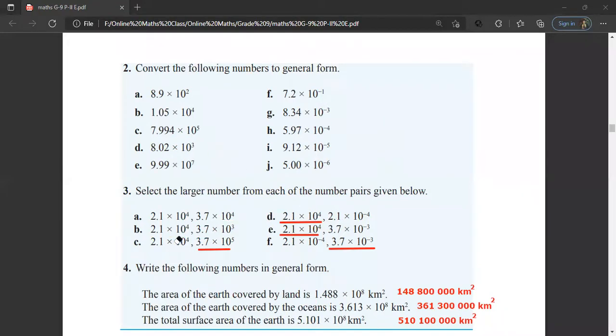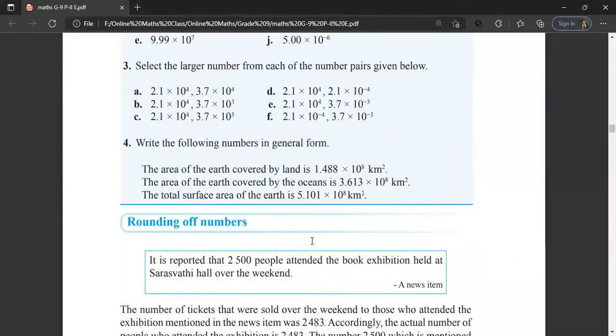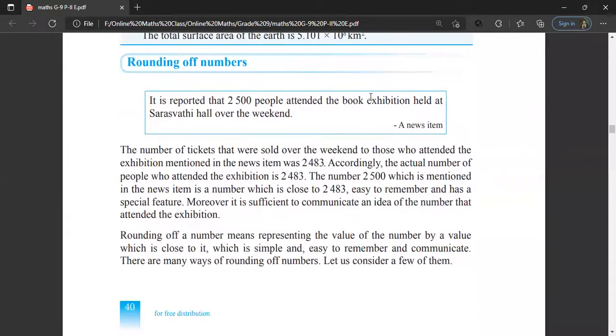Then shall we start the rounding off part? Okay, write a topic: rounding of numbers. We have already learned those things.